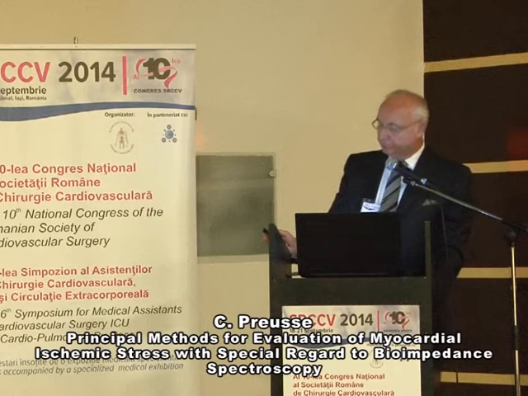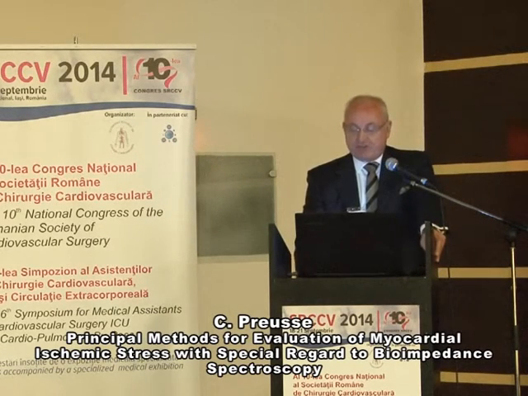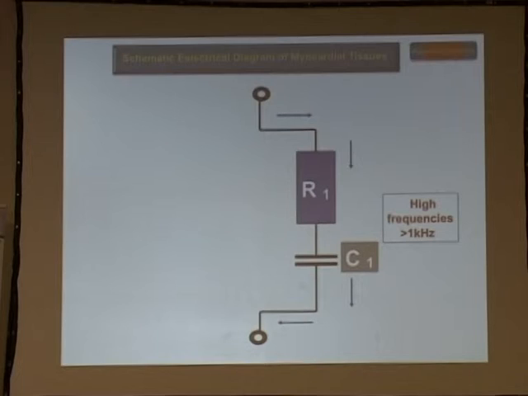And what happens now if we change the frequency of the alternating current? Then the current runs only through the intracellular part of the myocardium. It crosses membranes, and therefore we call it a capacitive resistance.